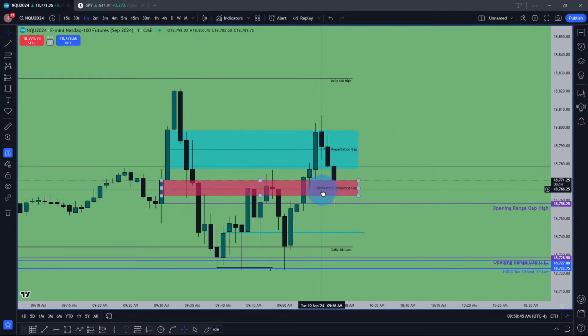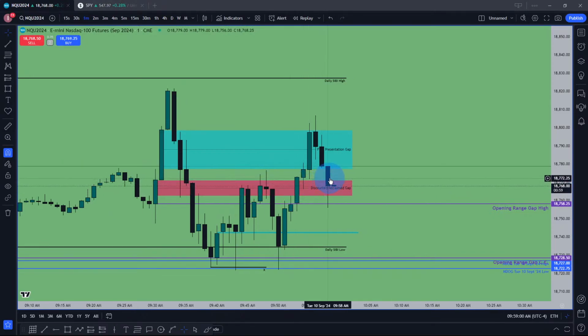We're back within the reclaimed gap. Price seems to have found resistance off of this order block, this last close candle here, and it's dropping back into this fair value gap here. 10 o'clock open is in 1 minute, and that is the third 4-hour open of the day.